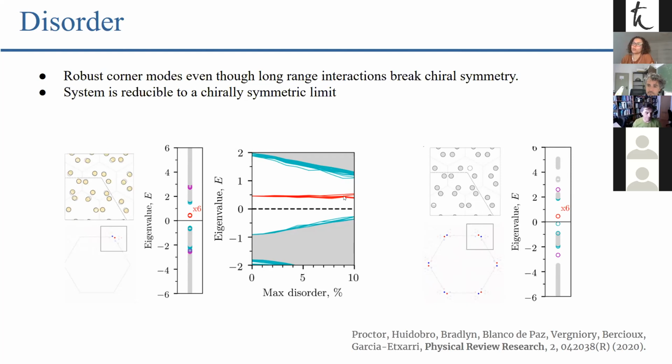We attribute this to the system being reducible to a chiral symmetric limit when the interactions are very short range. Additionally, there is a fact quite specific to this lattice: we can remove some particles that lie along the cavity edge, and the corner states are not affected at all. The reason for this is the underlying chiral symmetry, which is not broken strongly enough in this system.